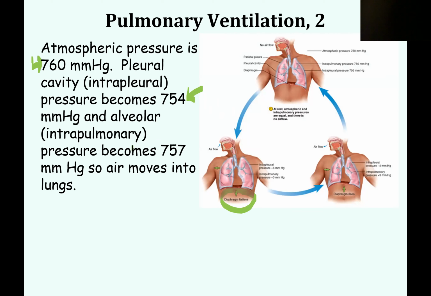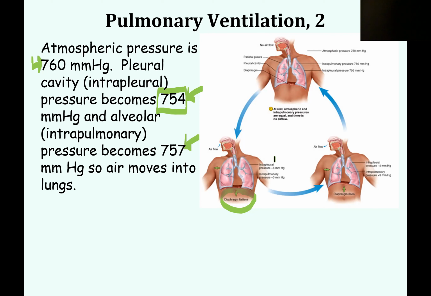The alveolar pressure is going to become 757. So air moves in. But the bigger difference is with the pleural cavity pressure or thoracic cavity pressure.